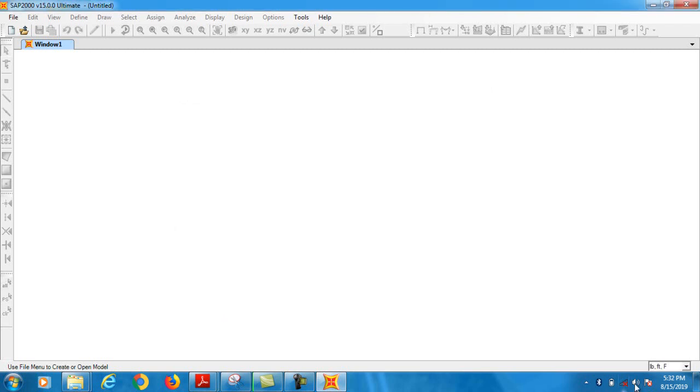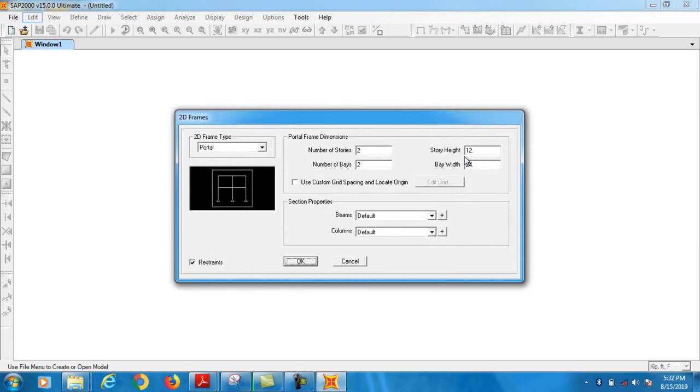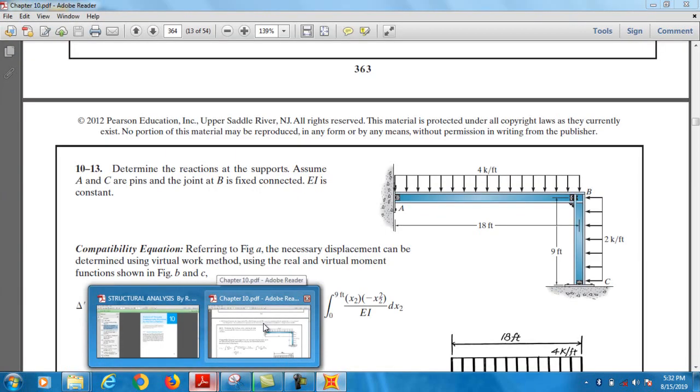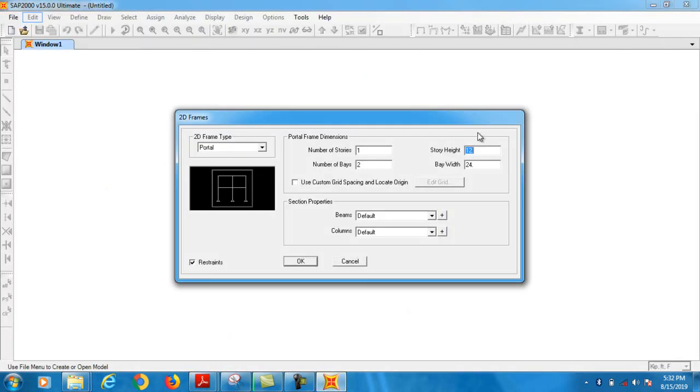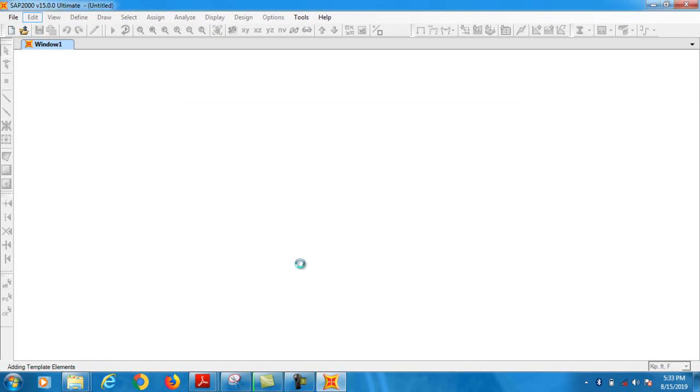Number of stories equals 1, story height is 9 feet, number of bays equals 1, and bay width is 18 feet. We don't need the grid data.